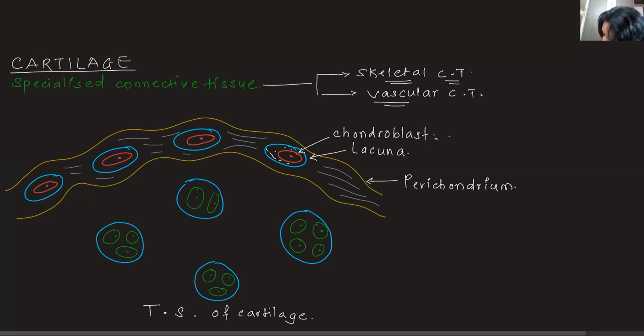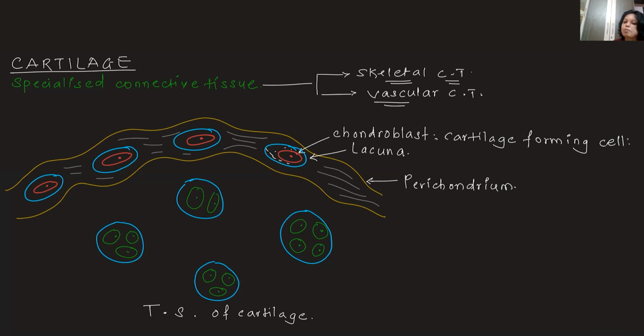So the cell is a cartilage forming cell. So you can see that the perichondrium has lacunae within which chondroblasts are located, and these chondroblasts are responsible for growth of cartilage.